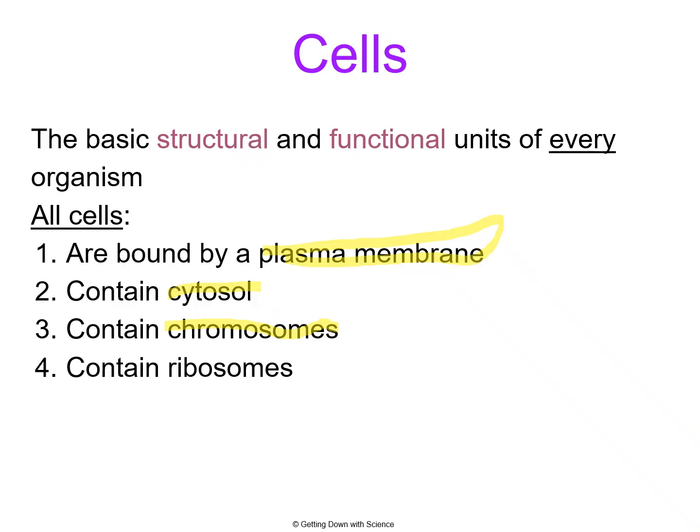All cells have ribosomes because all cells need to synthesize protein. Ribosomes differ in prokaryotic versus eukaryotic organisms, however, their basic function is the same, and ribosomes are responsible for synthesizing proteins. So, what is a cell, and what are all the things that are common to all living cells?